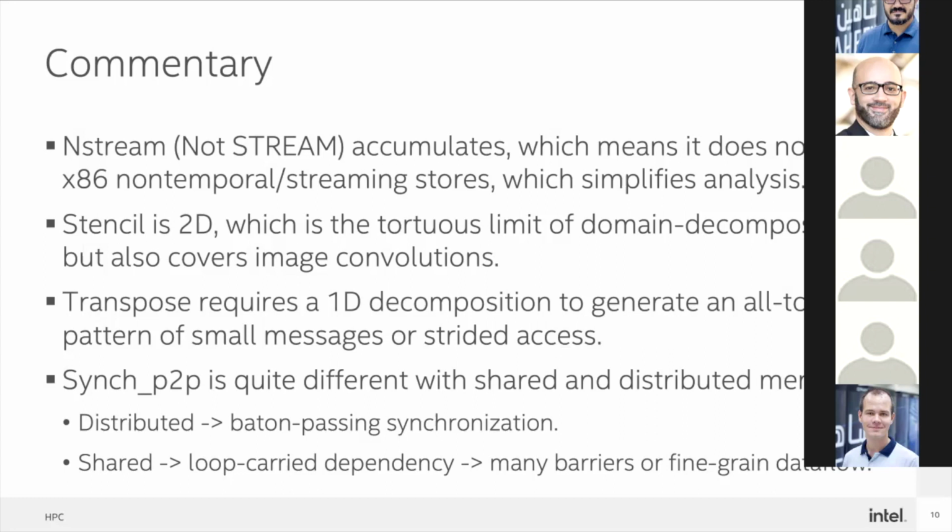Stencil, obviously, as I said, is 2D, and that has some good and bad reasons. The transpose, we insist that people do it with a 1D decomposition because we want to see the all-to-all pattern. This is really important on the network. The difference between an MPI all-to-all and a bunch of small messages and a send-receive of communication pairs between nodes is very, very different, and we don't want people to cheat.